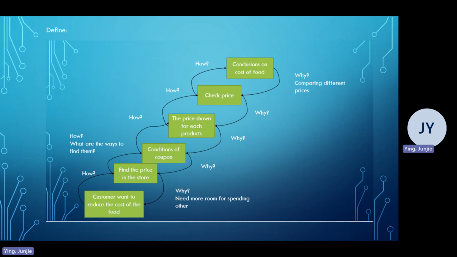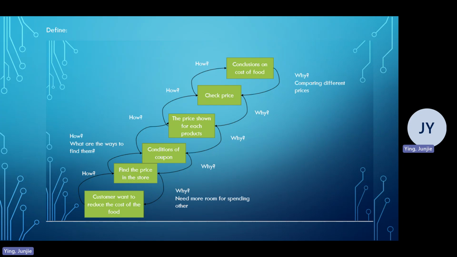They have to find the price in the store, and what are the ways to find it? We are going to ask questions on that. How will the conditions of a coupon impact the price and the family cost? How will they check the price and make their conclusions on the cost of food? Why are they comparing different prices, such as membership price, different store prices, and other kinds of prices?